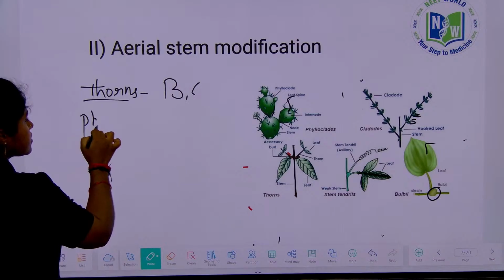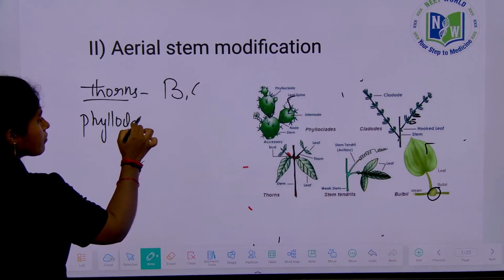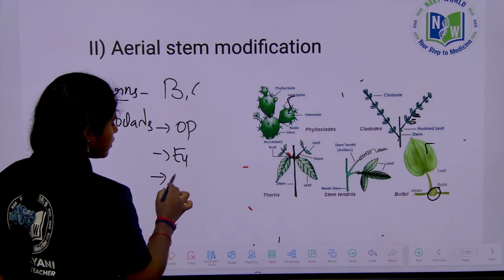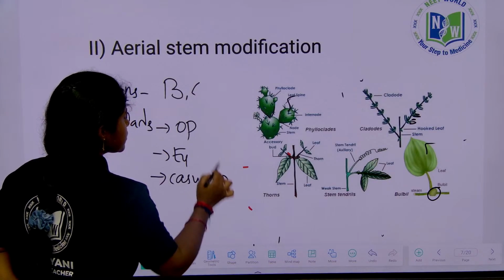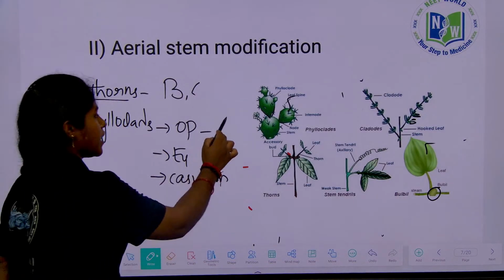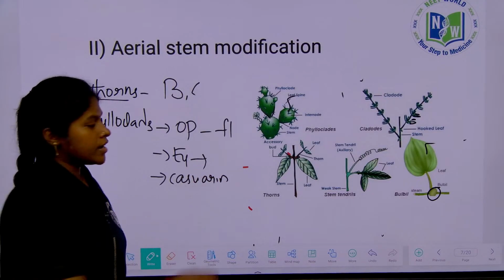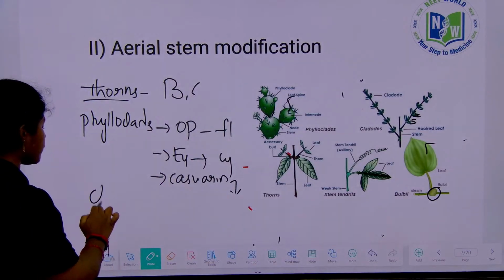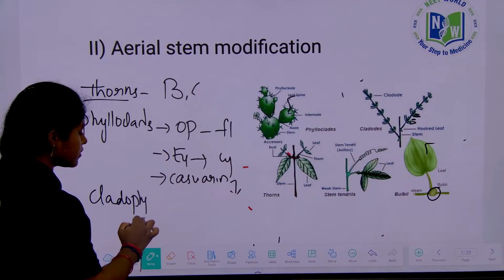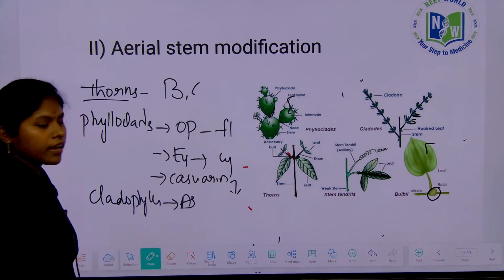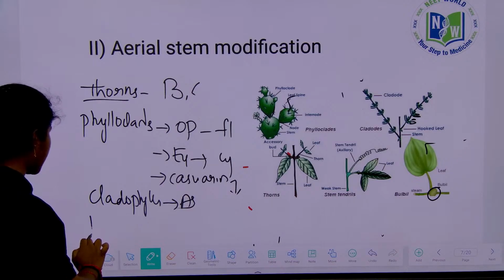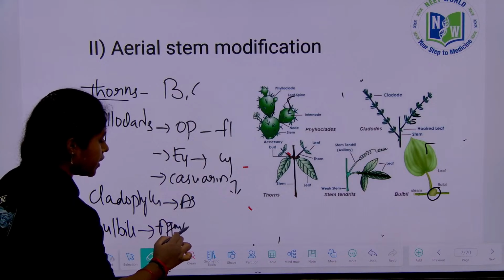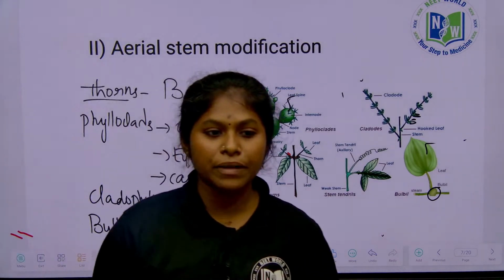And coming to the phylloclades, Opuntia, Euphorbia, Casuarina. Okay, which is the flattened structure here? Opuntia. Euphorbia is a cylindrical structure, and Casuarina is a needle-like structure. Okay, and cladophylls, the example is asparagus. And the examples of bulbil are agave and Dioscorea.